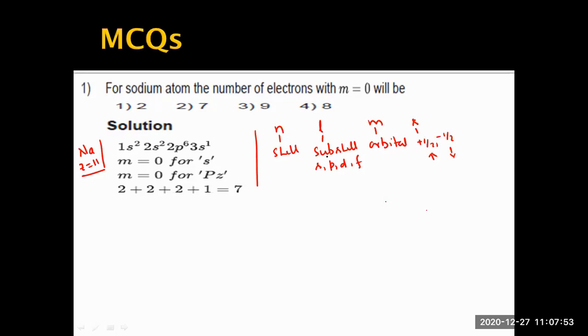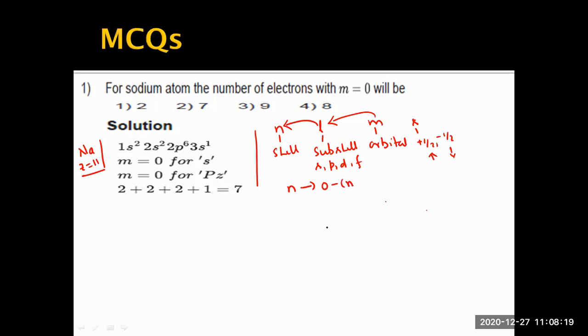Now, how does each quantum number vary with the others? The m value depends on the L value, and the L value depends on the n value. For every n value, L can range from 0 to n minus 1.